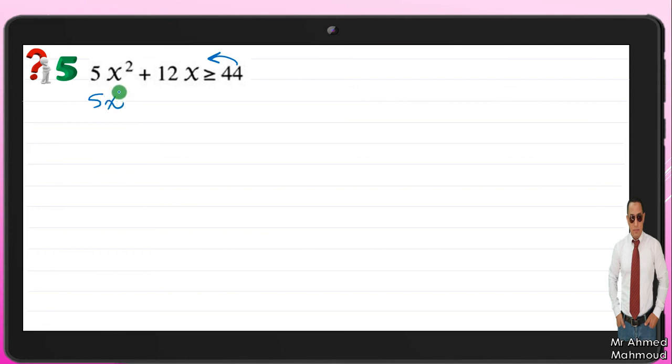So 5x power of 2 plus 12x minus 44 equal to 0. So x equal negative 4.4 and the other x equal 2.